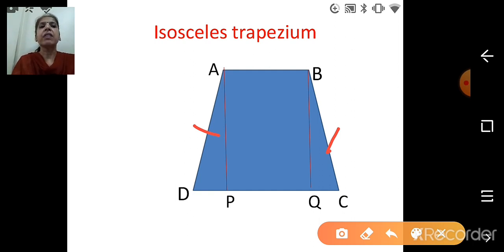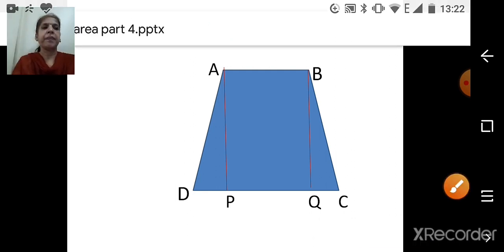And when the length of these non-parallel sides is congruent or equal in length, we call it isosceles trapezium. So here in isosceles trapezium, side AD and side BC are equal in length. So this is isosceles trapezium.